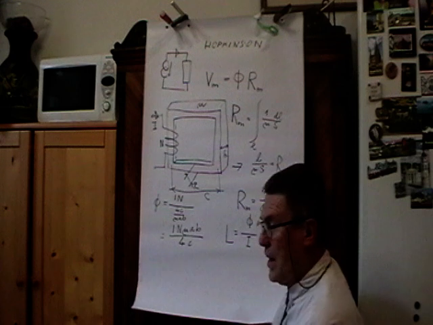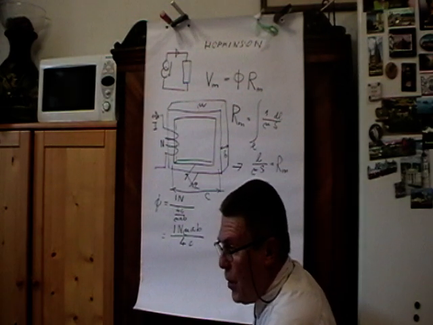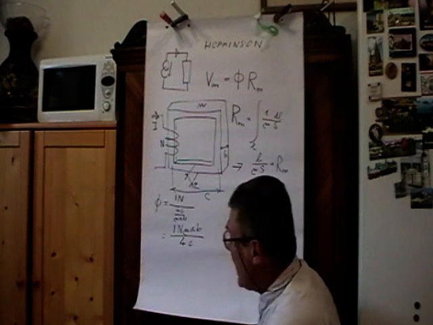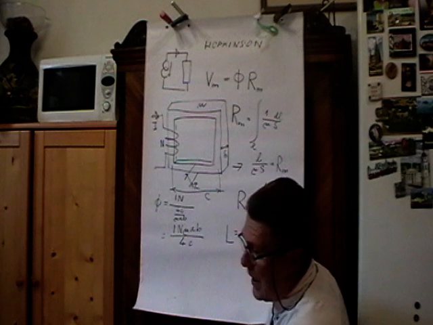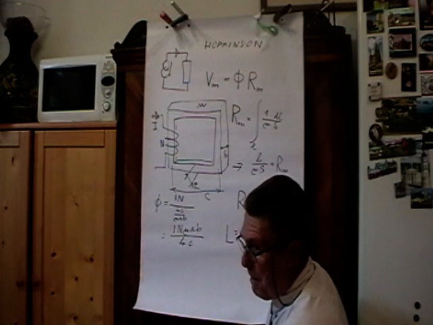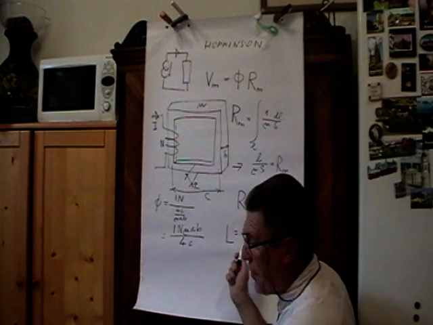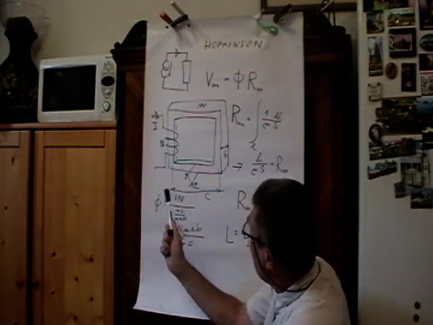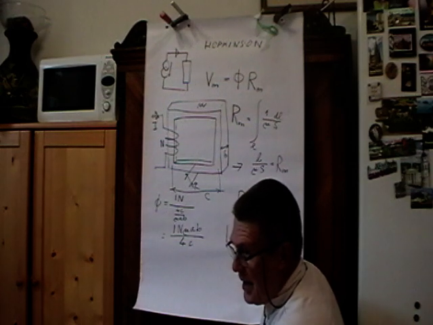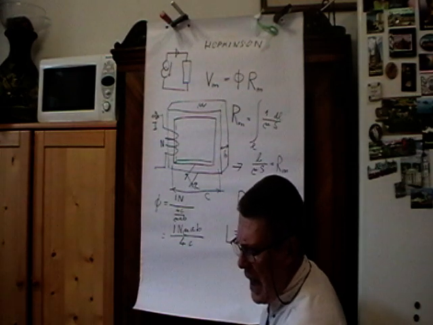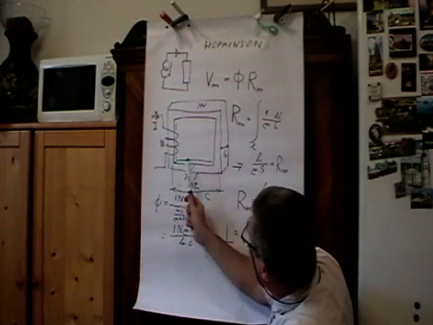So it's this equation. But we should now examine that carefully. This flux is not this flux. Again, this flux that flows through the inductor is not equivalent to the flux that goes through the core. Now you say, why? Well, let's examine it again.